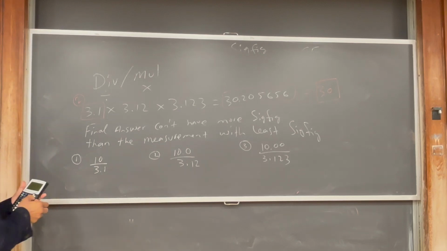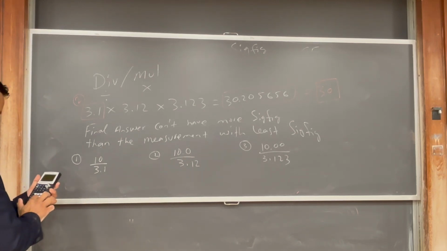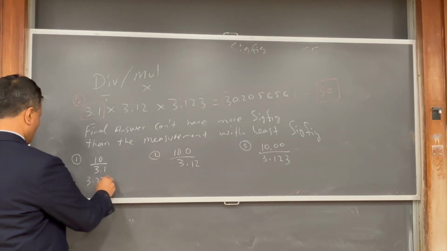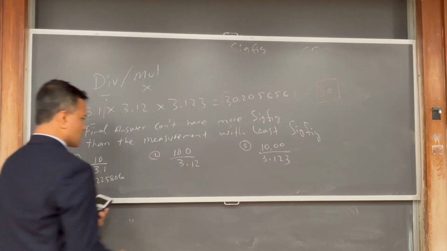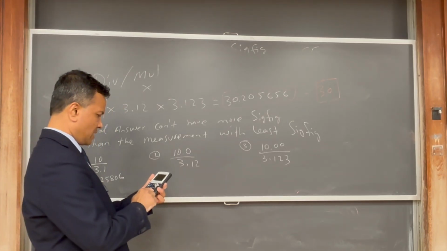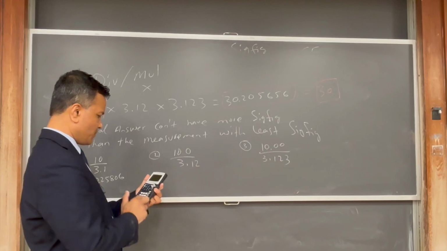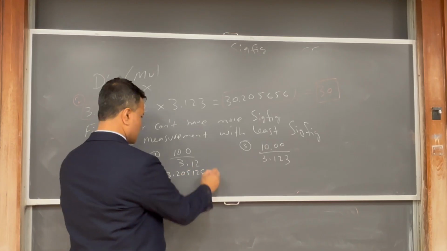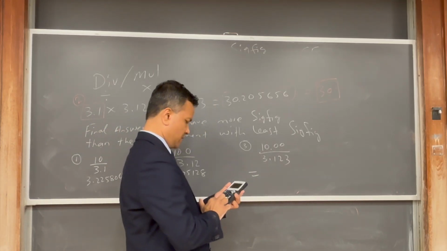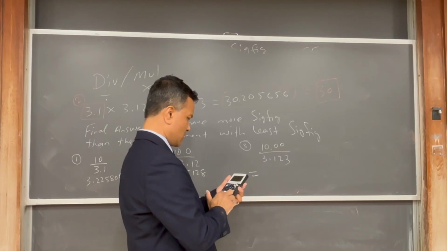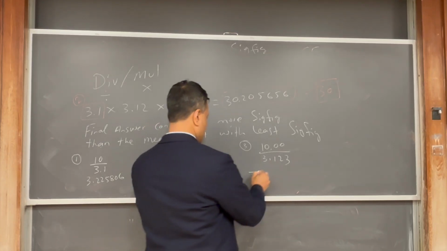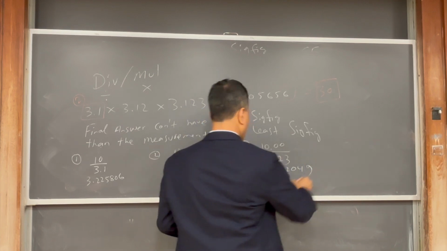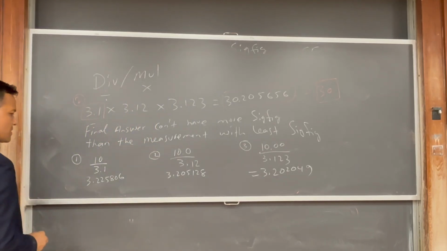Let's see what the calculator gives us. 10 divided by 3.1 is 3.225806. 10 divided by 3.12 is 3.205128. 10 divided by 3.123 is 3.202049.